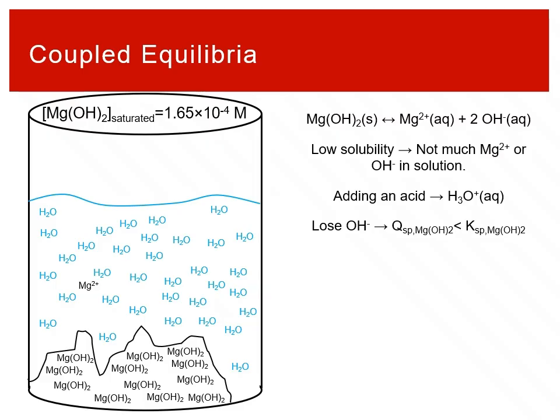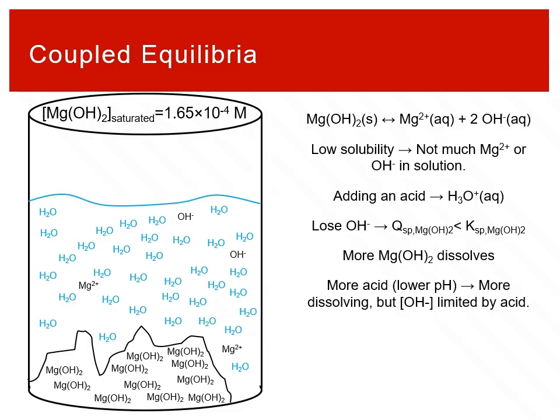And now I have a Q that is too low. I'm not in equilibrium. I can see that I have no dissolved hydroxides, right? There's no dissolved hydroxide as it stands. So I have to have more dissolving. I have to get more hydroxide out into solution. So more of it dissolves. Now I have hydroxide in solution. I can have equilibrium again.